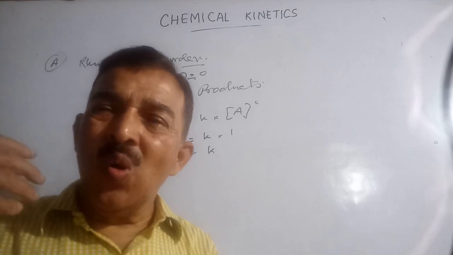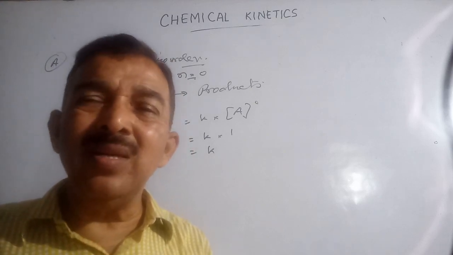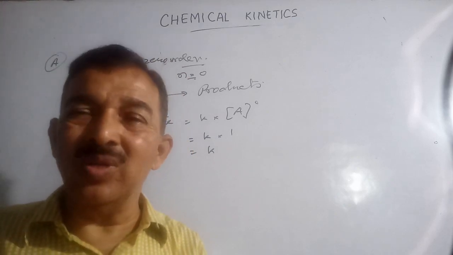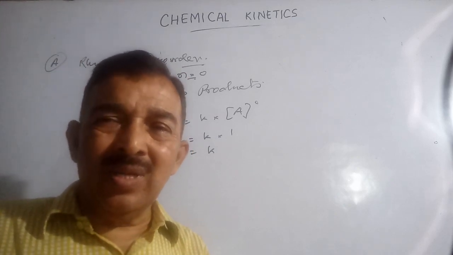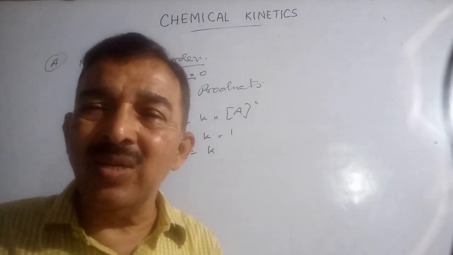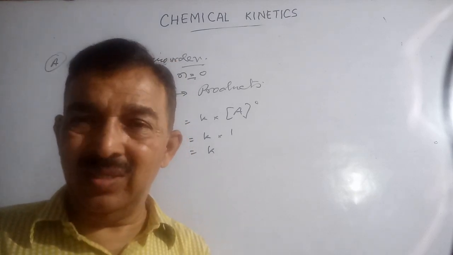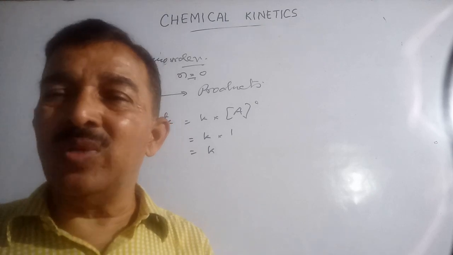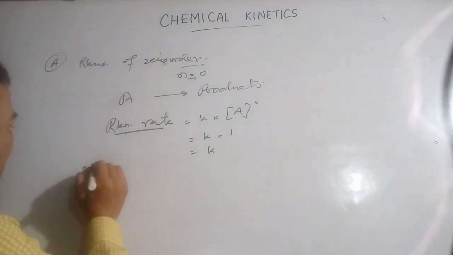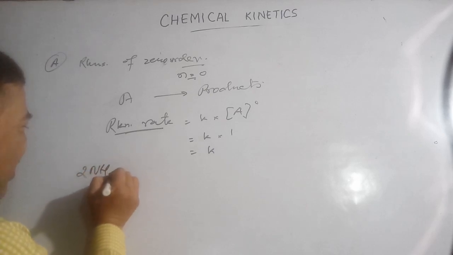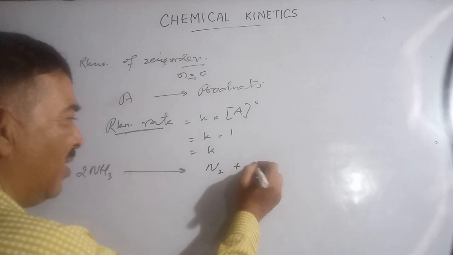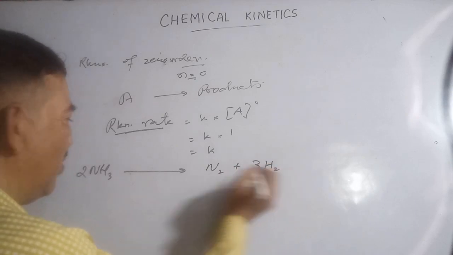The examples: all the catalytic reactions are zero order reactions, because the rate of such a reaction does not depend upon the concentrations of the reactants. Take the example of thermal decomposition of ammonia. Twice NH3 gives N2 plus thrice H2.